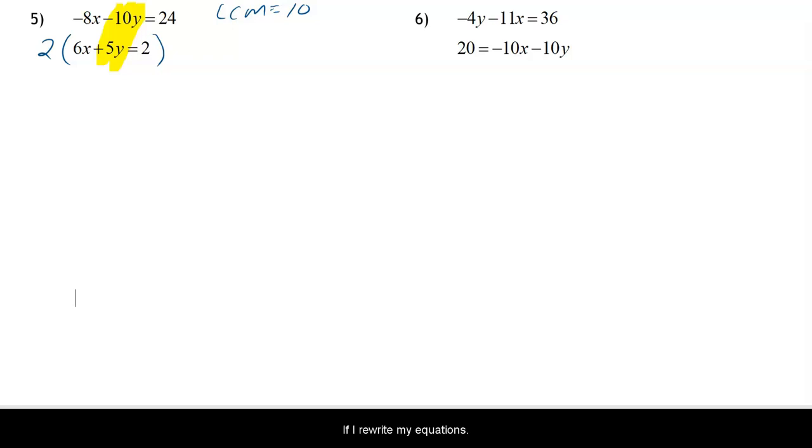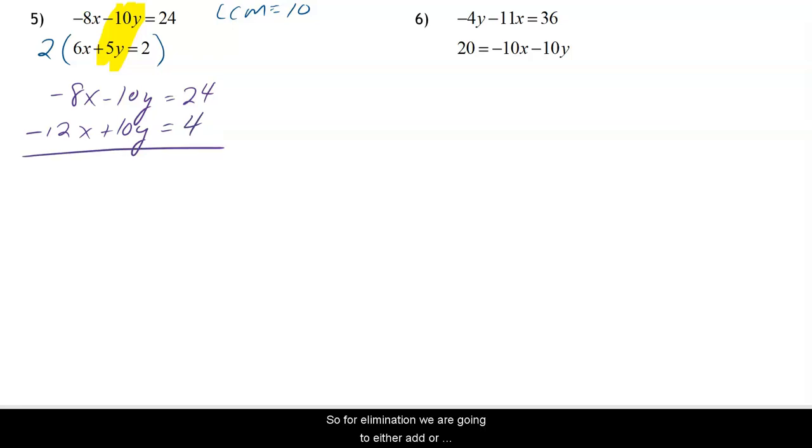So if I rewrite my equations, I would have negative 8x minus 10y equals 24. That first equation doesn't change. And then we multiply by 2 for that second one, 12x plus 10y equals 4.